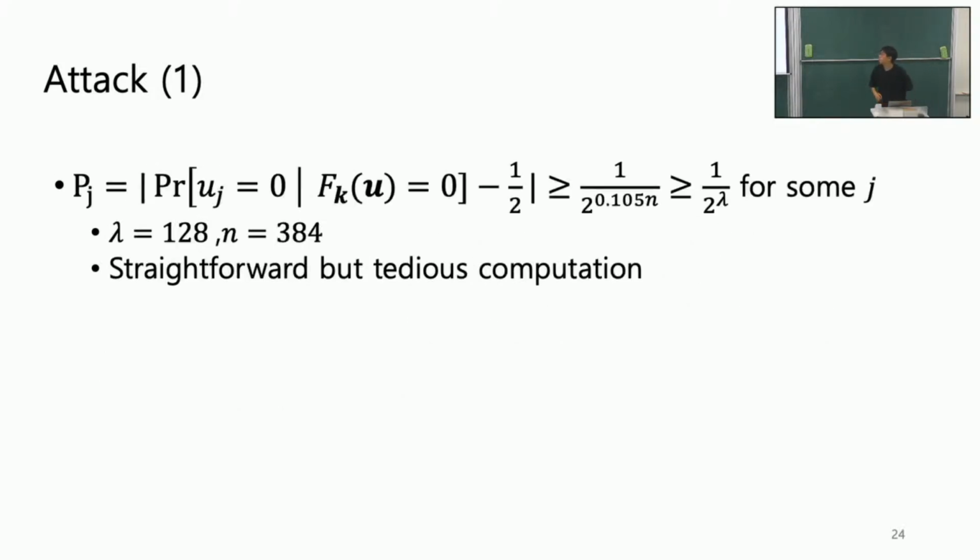To support our tag holds, we can compute the difference Pj from the straightforward but tedious computations. Therefore, we showed that a difference Pj is larger than 1/2 lambda for current parameters that lambda is 128 and n is equal to 384.